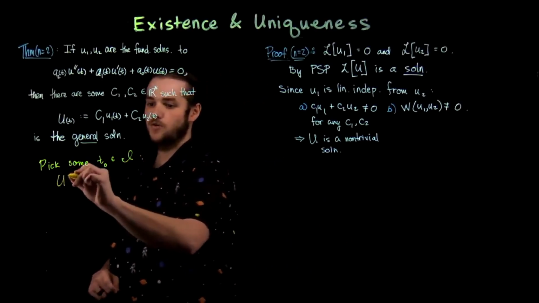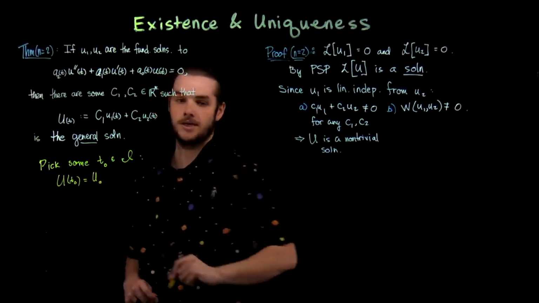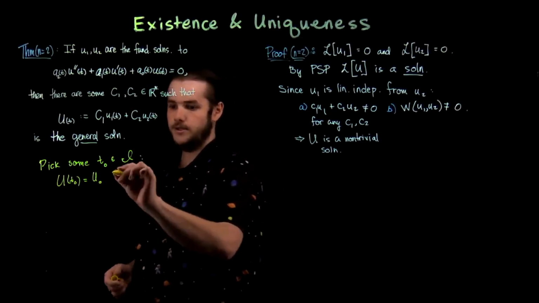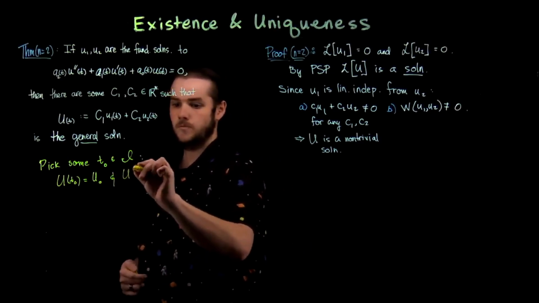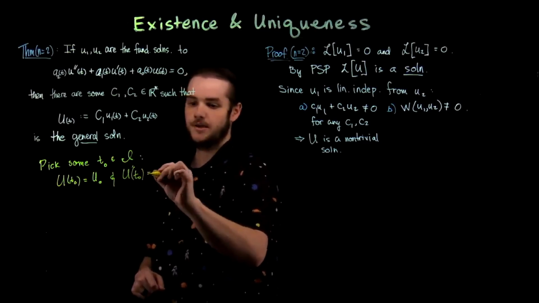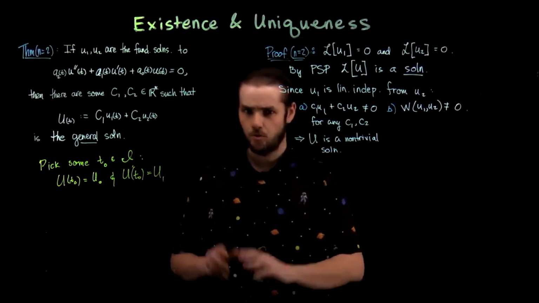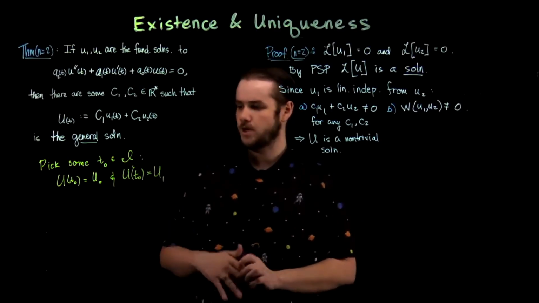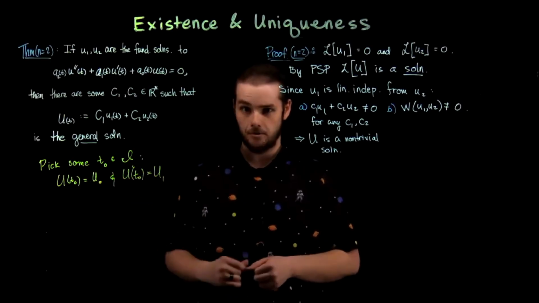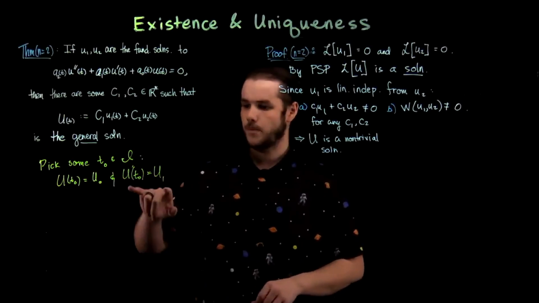I know that big U of t naught should equal some number, because it's a non-trivial solution there. We'll call it u naught for now. And u prime of t naught is equal to, we'll say u1, some other number. Remember, we're assuming for the moment that U is not equal to 0, LU is supposedly equal to 0, right?